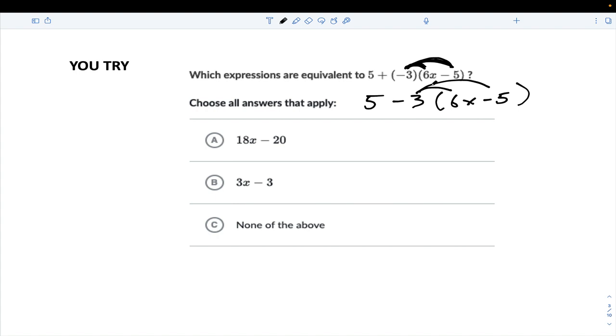You'd still use the 3. So you don't have to have parentheses around this negative. Whenever they put parentheses around a single number, you can always drop it. You can't drop the parentheses around 2 terms, but you can around just one term, and if it has a letter beside it, you can still drop it. A negative 3x could be dropped still. That's distributing, so you're going to multiply the negative 3 times the 6x, negative 3 times negative 5.